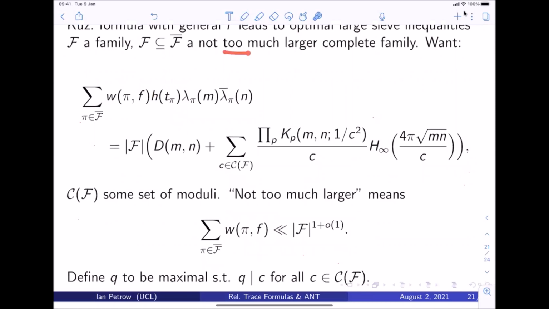And this not too much larger condition just means that this sum over the completed family with respect to these weights is bounded in terms of the size of the family. These are hypotheses that come up in many situations. We have to define a modulus parameter, so I'll define Q now to be the maximal integer which divides all of the c in the set of moduli.